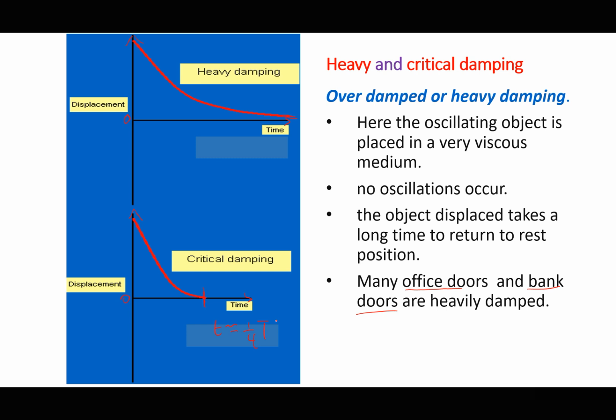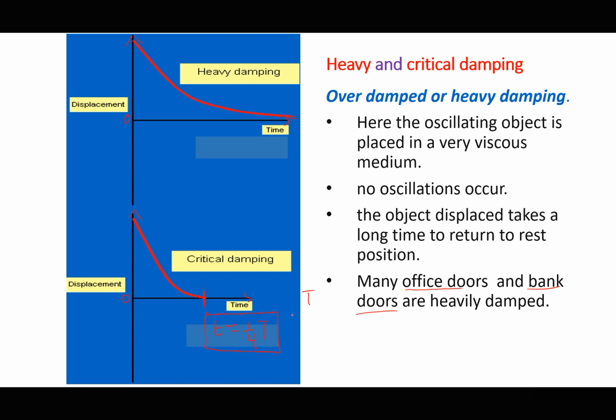If the system was to oscillate, it would take a time T to make one oscillation. Then for critical damping, the time it takes to reach zero is approximately a quarter of the period. So critical damping causes the displacement to reduce to zero in the shortest time possible without any oscillation of the object. That's what we call critical damping.